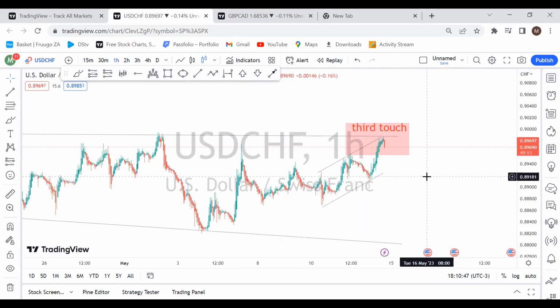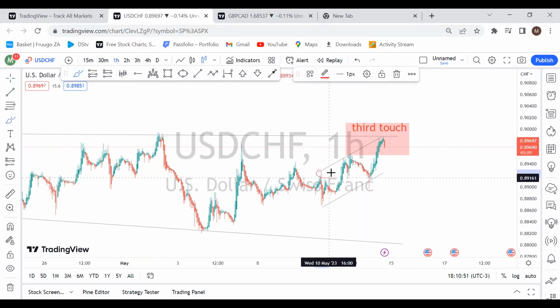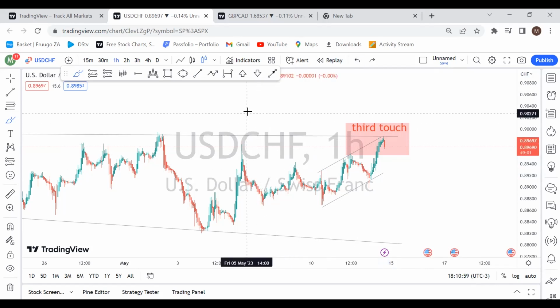So you can see it's the same concept. We still have one, two, three touches, right? It's still the same concept. So you're just doing something that you did in the bigger time frames and basically doing it throughout the smaller time frames, right?